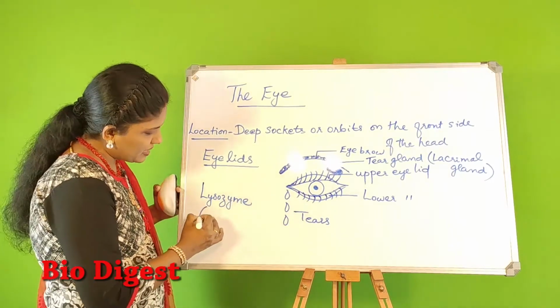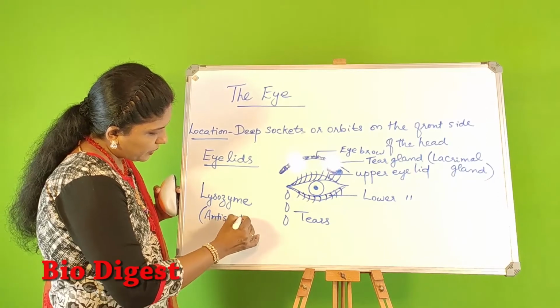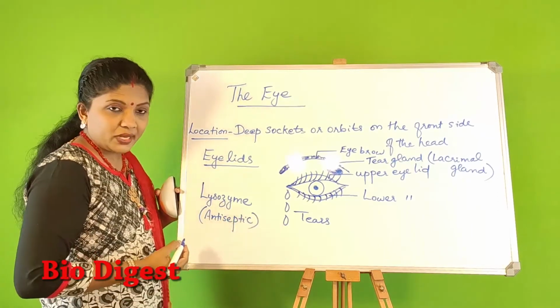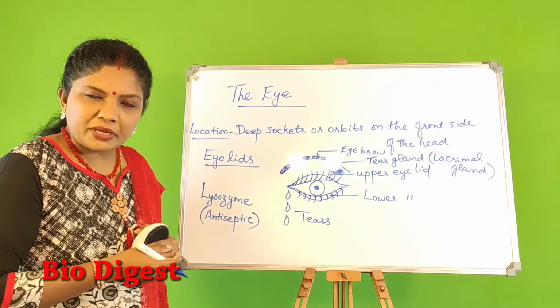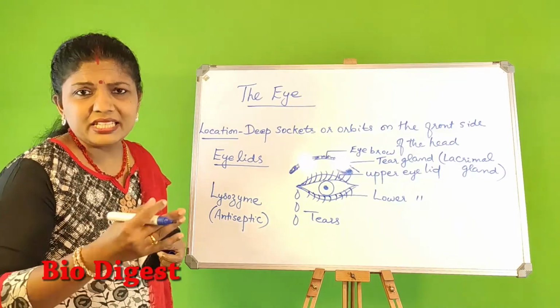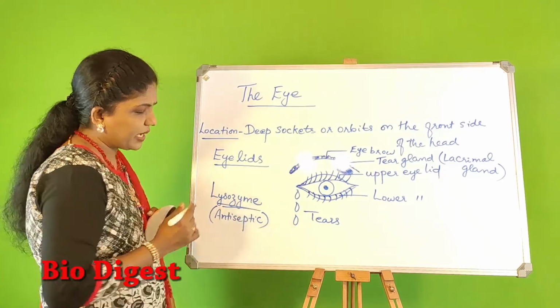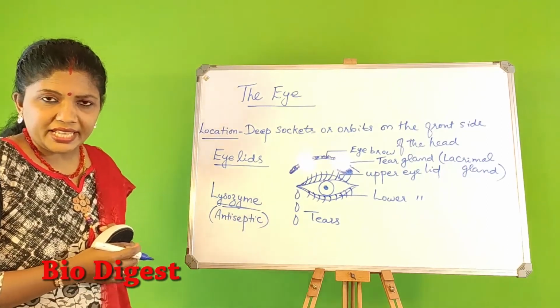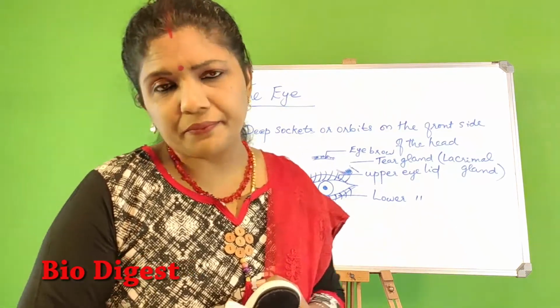This lysozyme enzyme has an antiseptic property. Thereby it is able to kill the microorganisms that are present within the eye, like bacteria and all. So that is the function of lysozyme enzyme. It contains a lysozyme enzyme which has an antiseptic property.